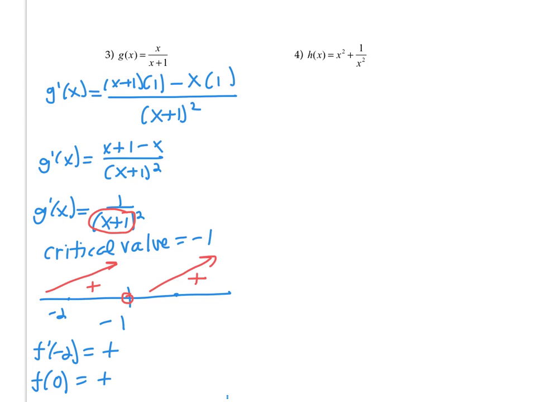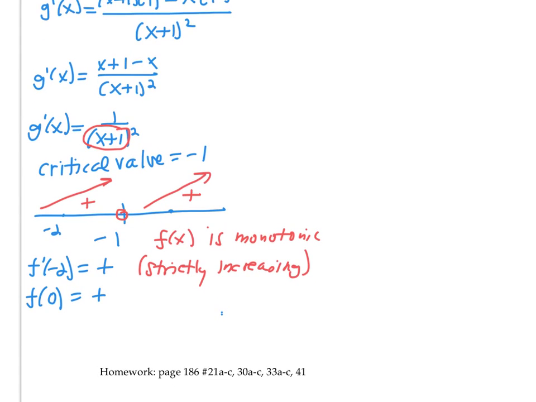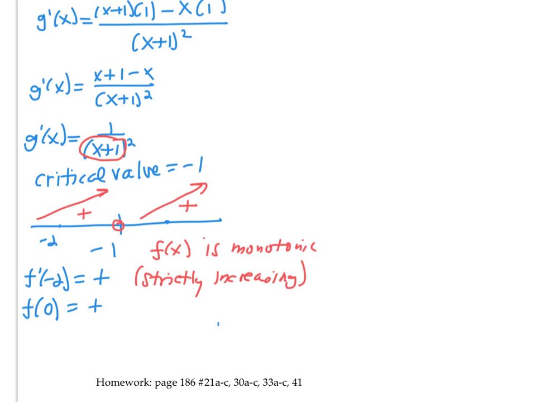So we could say that f of x is what's called monotonic. In other words, it is strictly increasing. So there are no relative extrema.